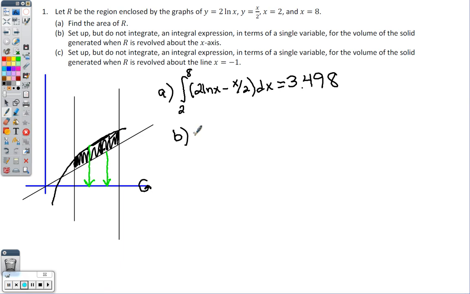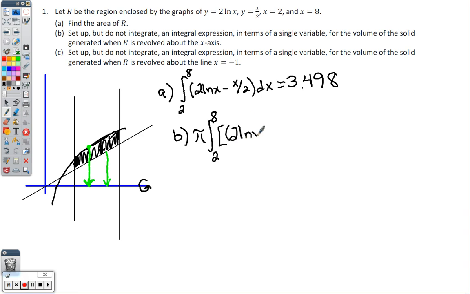So we have pi on the outside. Integral, still integral from 2 to 8, because those are our bounds in x. And then we're going to take our outer radius. Outer radius went from here down. And so our outer radius is going to be 2 natural log of x.